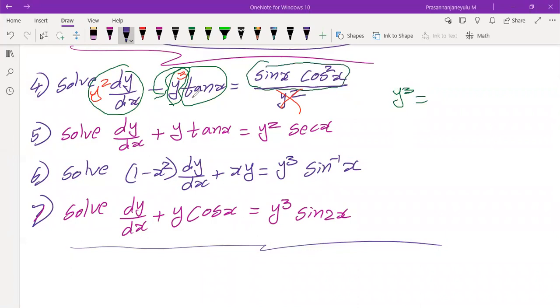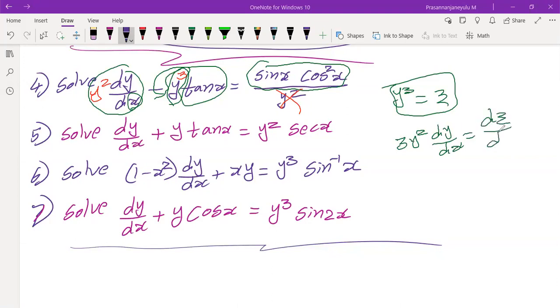So in place of y, we have y cube. What we have to substitute? Y cube is equals to new variable z. If we differentiate on both sides with respect to the independent variable x, 3y square into dy by dx is equals to dz by dx. Now y square into dy by dx equals to 1 by 3 into dz by dx.